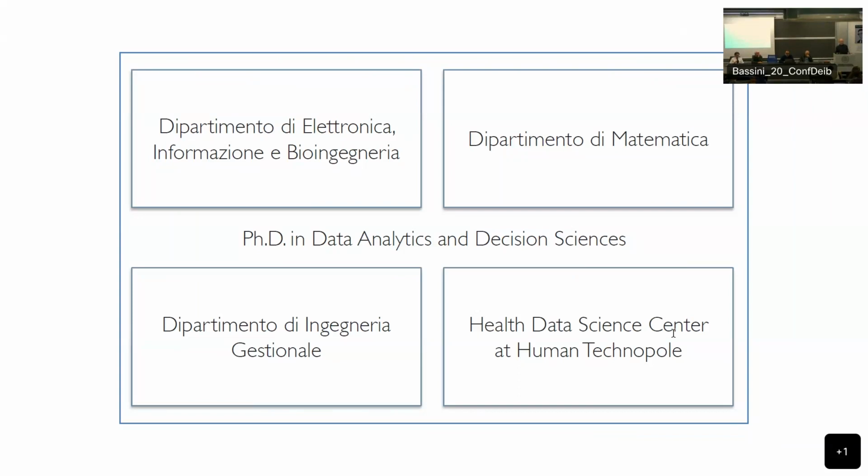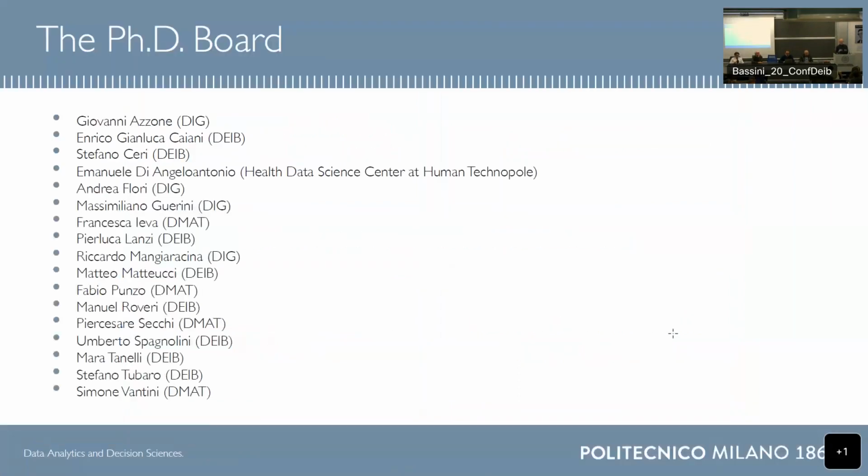And also, we have a tight relation with the Health Data Science Center at Human Technopole, which provides several of the scholarships so far, and also provides an interdisciplinary environment with data, with expertise that comes from outside our own expertise. And this is our board, which is quite small.